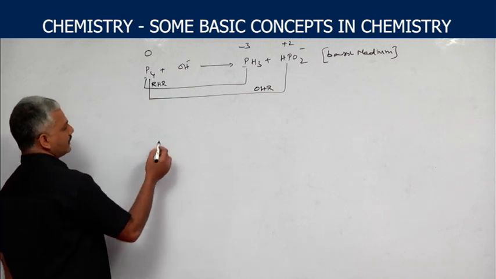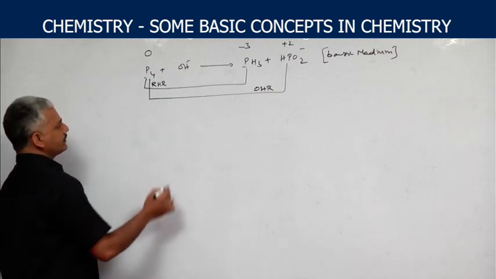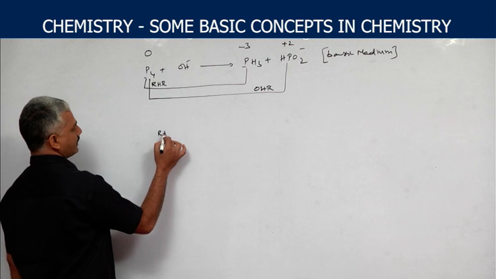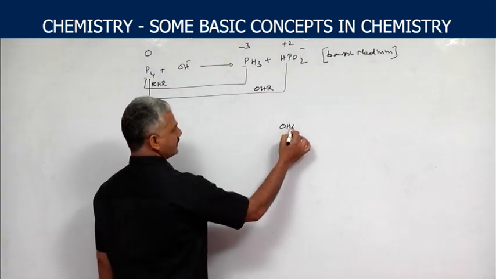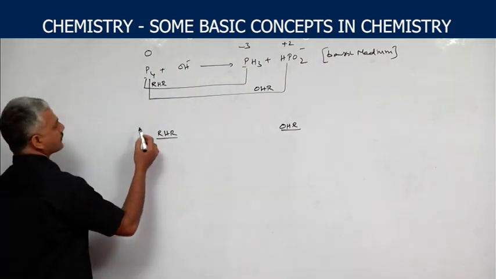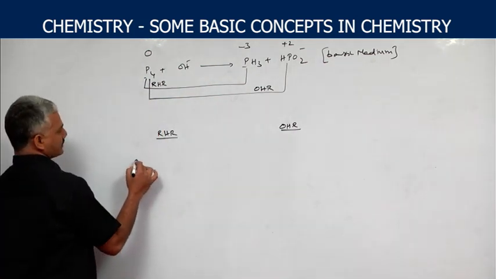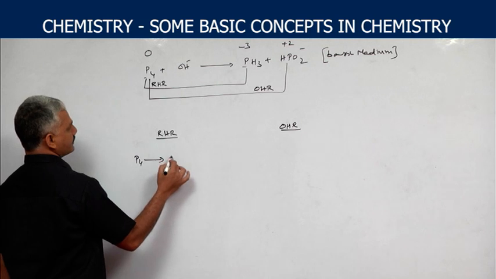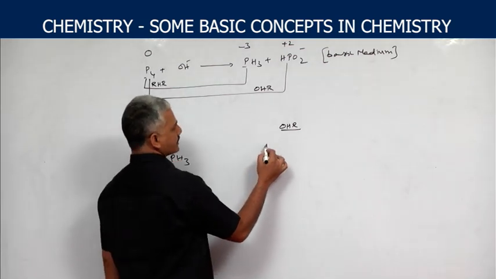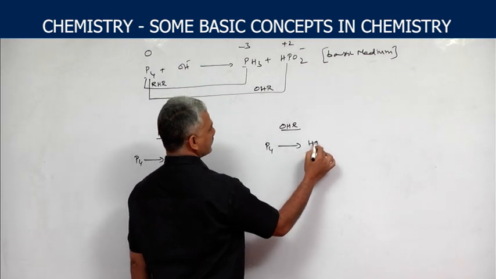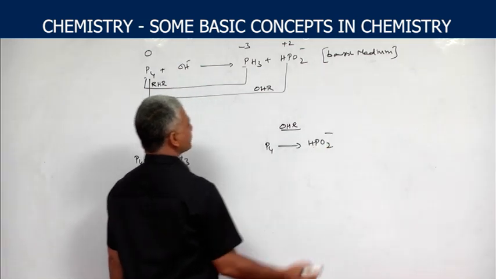Now, divide the given equation into two half reactions, namely the reduction half reaction and the oxidation half reaction. The reduction half reaction is P4 gives PH3. The oxidation half reaction is P4 gives H2PO2-.